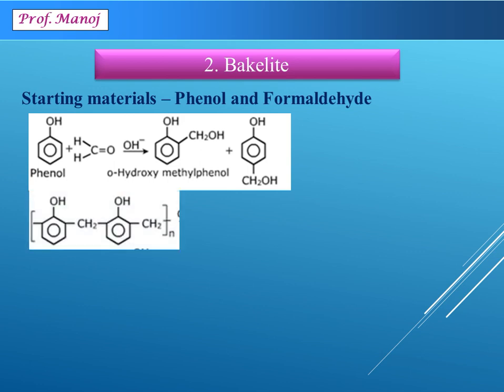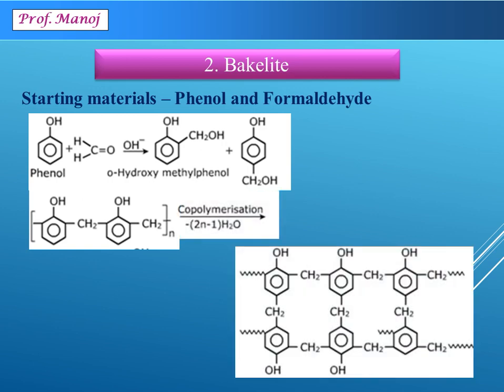Further, they undergo polymerization to form Novolac. This Novolac upon further polymerization creates a cross-linked thermosetting polymer called bakelite. Bakelite you can see has linkages of CH2 in the horizontal chain and even the chains vertically are connected with CH2 groups.